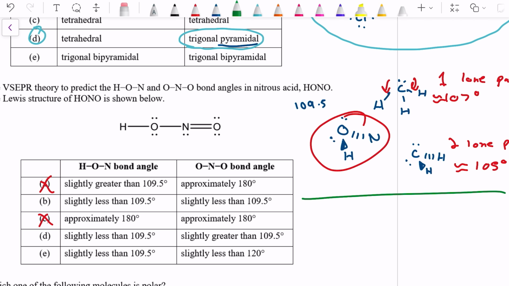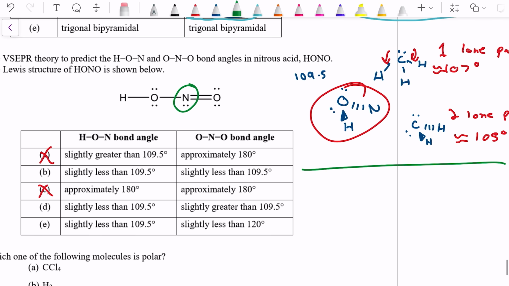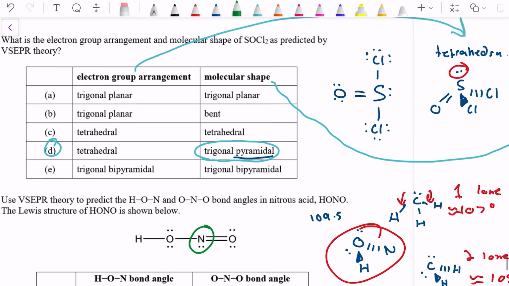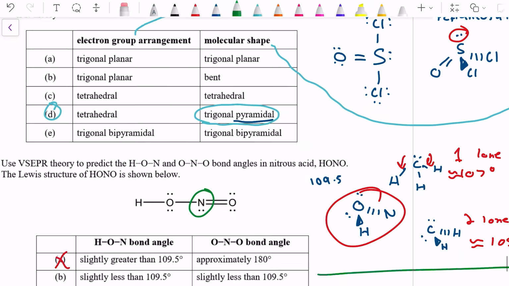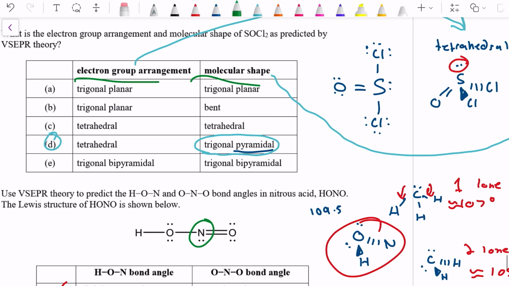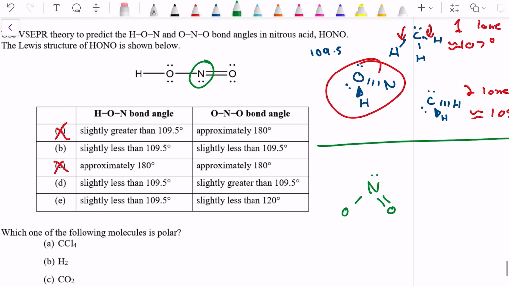We have 3 bonding regions. If I were to draw this out, it's single bonded to oxygen, and then like that. It's got 3 regions. This is, by definition, trigonal planar. The electron group arrangement is trigonal planar, and then the molecular shape would be bent. I should start using this convention more often. So trigonal planar and bent, and let's see, bond angles.